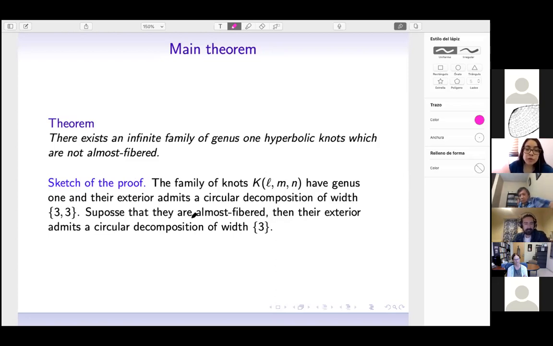So we suppose that they are almost fibered, and then the exterior must admit a circular decomposition of width 3.